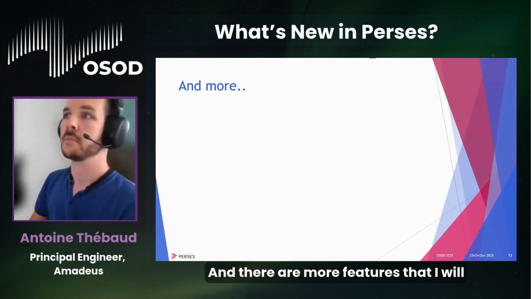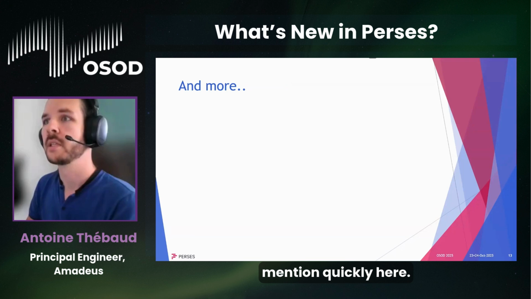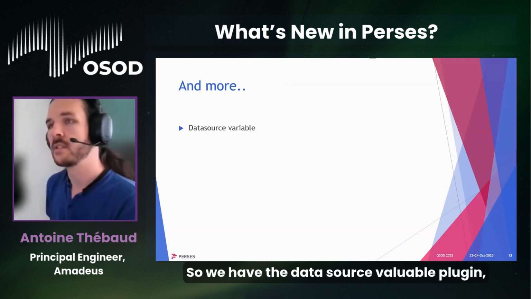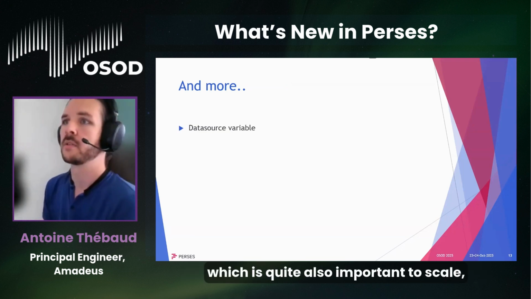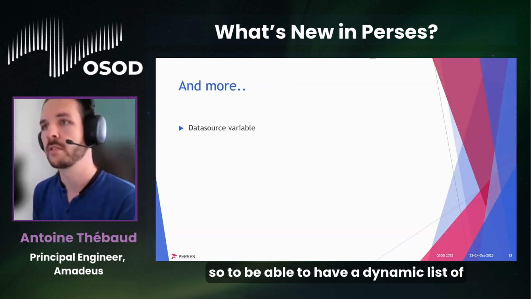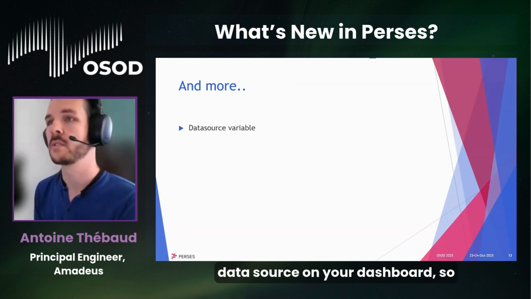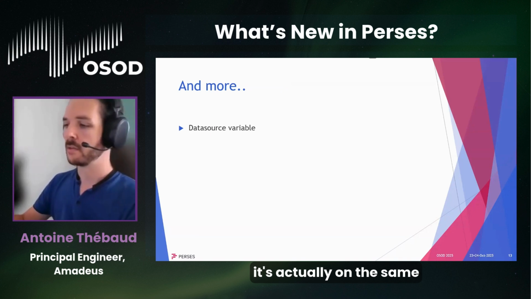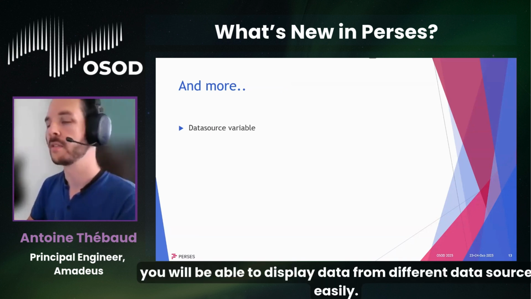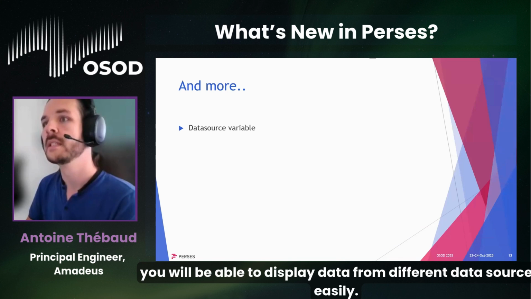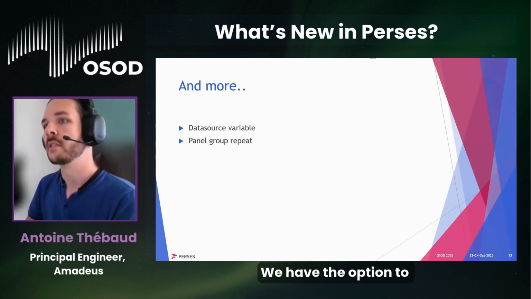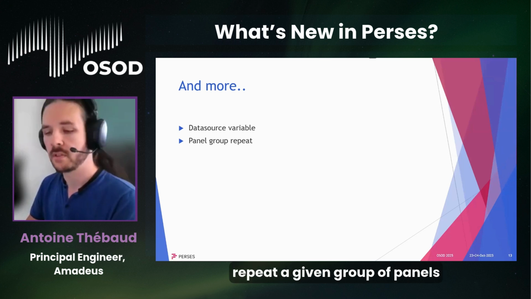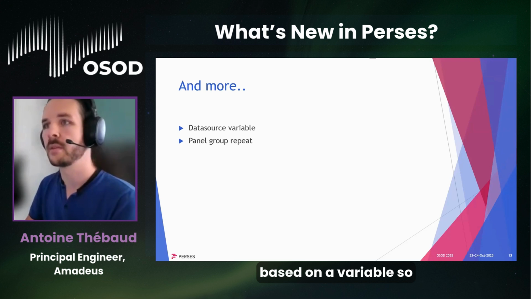And we have more features that I will mention quickly here. We have the data source variable plugin, which is also quite an important use case, to be able to have a dynamic list of data sources on your dashboard. So on the same dashboard, you will be able to display data from different data sources easily. We have the option to repeat a given group of panels based on a variable.